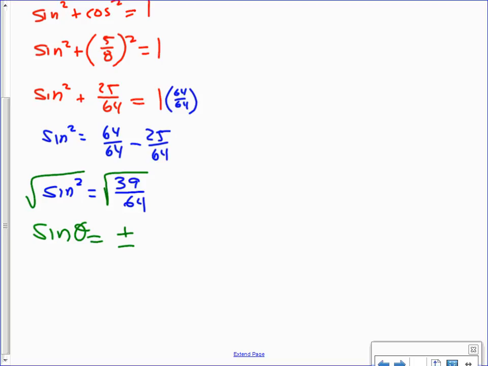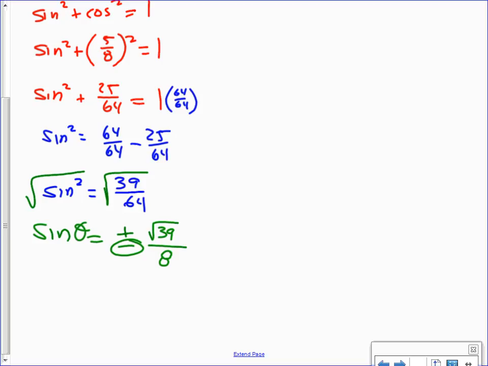When you take the square root, can you take the square root of 39? Heavens no. But you can take the square root of 64. So it's root 39 over 8. Is it the plus or the minus, though? It's the minus. So sine is negative root 39 over 8, because you're in quadrant 4.